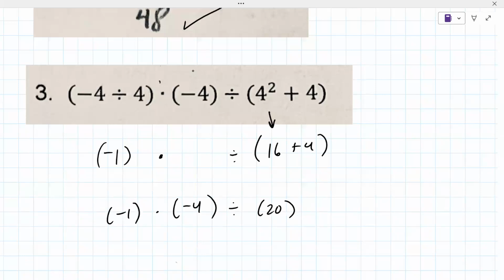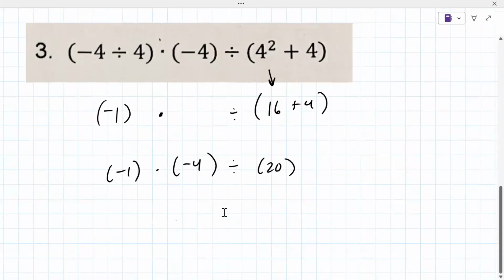So now when you have numbers in parentheses, if there's nothing left, that's when you can drop them. So this is really -1 times -4 divided by 20.